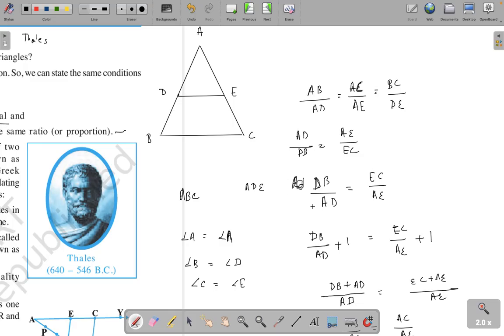Sir, AB upon AD equals AC upon AE, and it is equal to BC upon DE. Will this be given in the question, or do we have to assume? See, here you have to deal with only these two things for now, as per BPT, the basic proportionality theorem. You will be given either this or this.